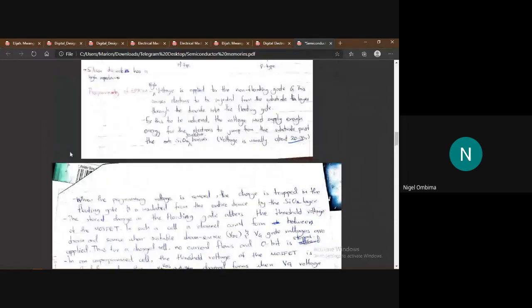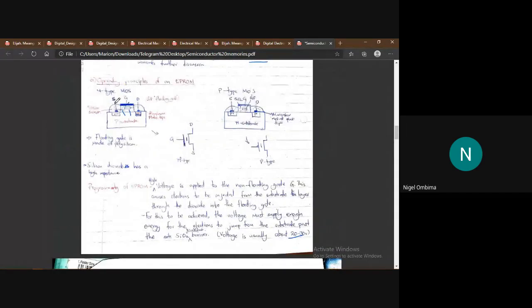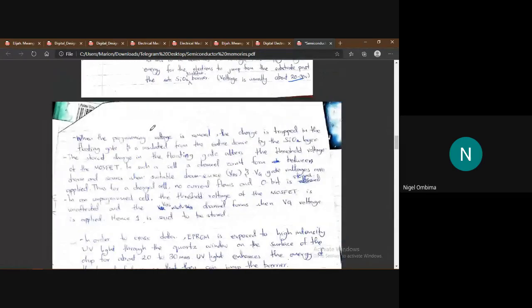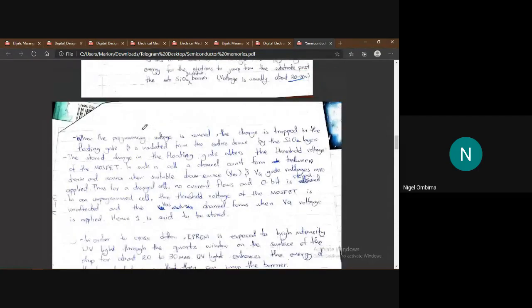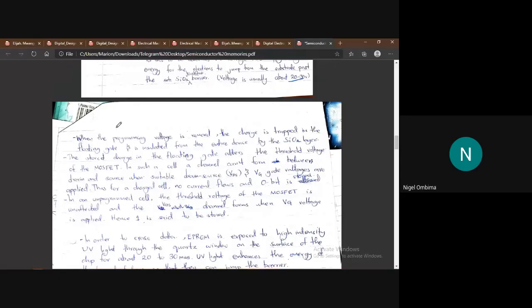So for a charged cell, current can't flow because between the drain and the source there is no connection. So a 0 bit is stored. Technically, when you buy an EEPROM, it just has 1 stored in it. You have to apply a suitable voltage at the gate such that the electrons are excited across the oxide layer. Then current can't flow, so a 0 bit is stored. But when you buy it, it's just 1 stored in it.